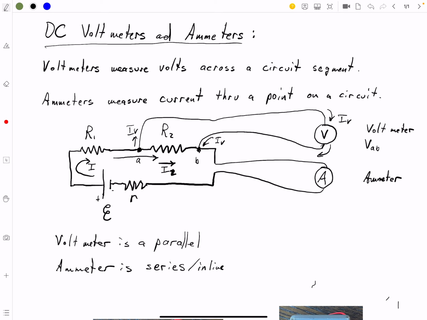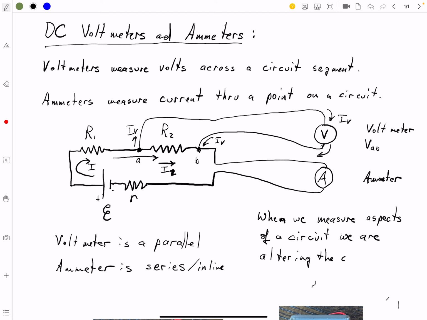But no matter what happens, when we measure aspects of a circuit, we are altering the circuit a little bit, okay?